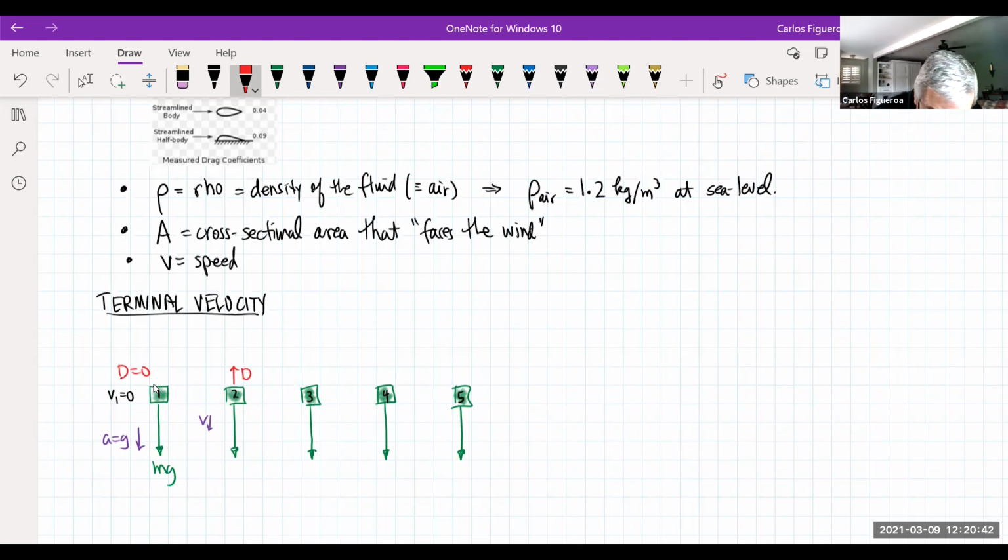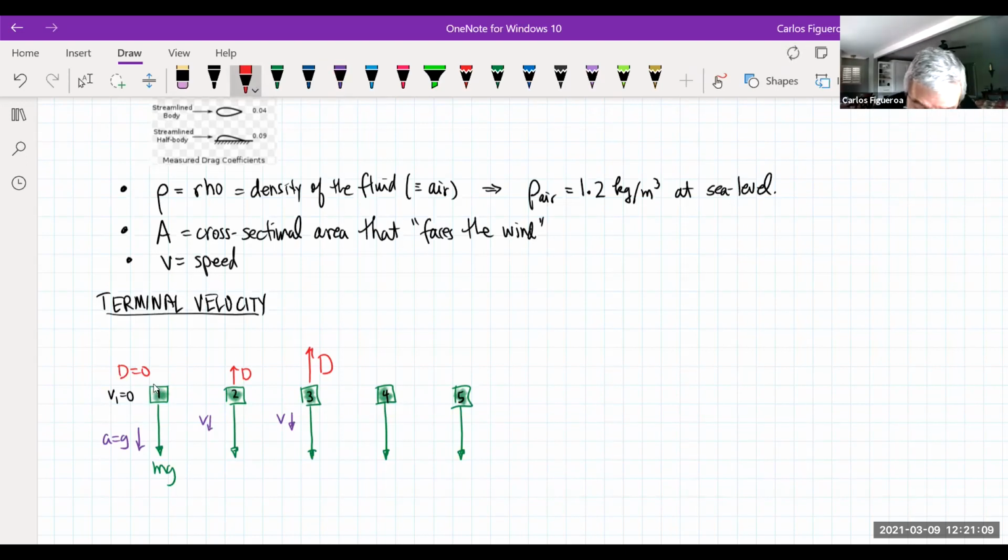But as this thing gets faster and faster, why is it getting faster? Look, there's a net force on this thing. The air drag is getting larger. Now I have a larger air drag because I continue to speed up. Why do I continue to speed up? Because there's a net force. You can see that mg is bigger than drag.